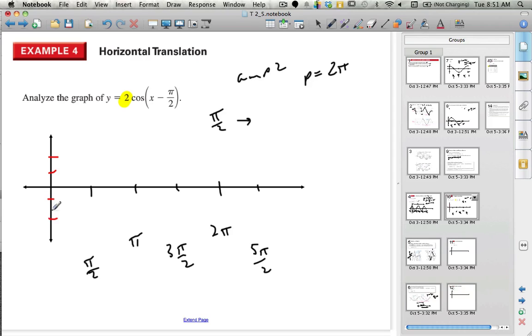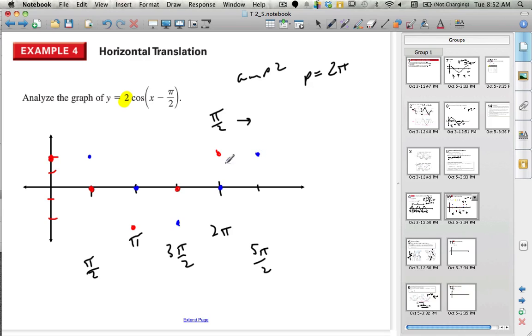We'd have a point here, then a point here, then a point here, then a point here, and then a point here, if I didn't have my h value. But everything is going to shift. I'm going to take each point and shift it by pi over 2 to the right.